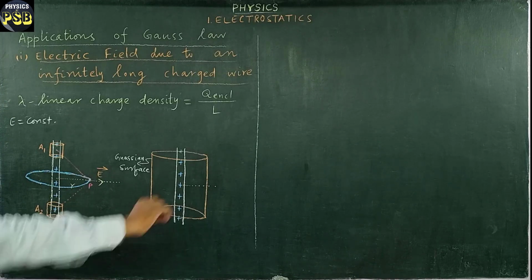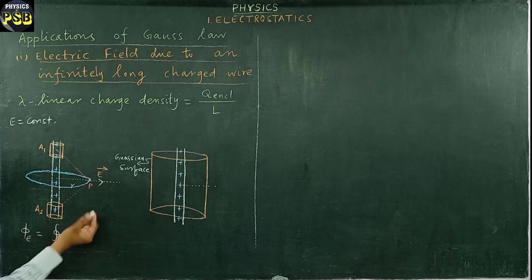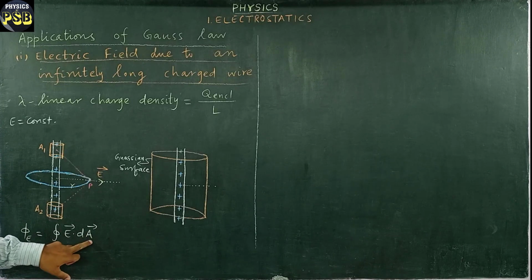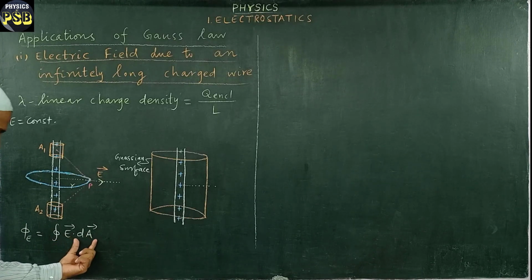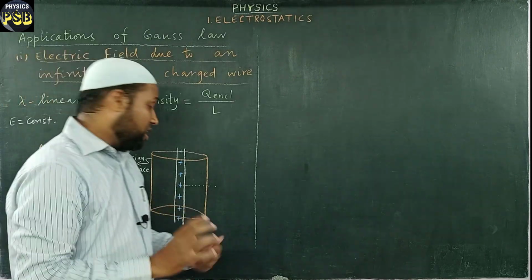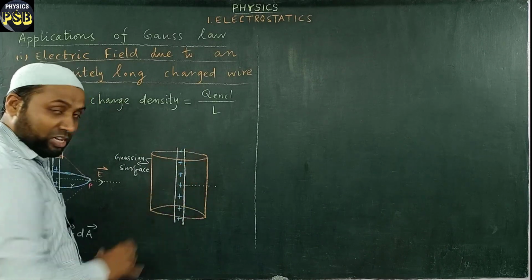Then we know the expression for electric flux phi E, which is nothing but the closed integral of E vector dot dA vector. Here E is the electric field and dA vector is the direction of the area elements. Now, to make our work easy, I take 3 area elements on this Gaussian surface.